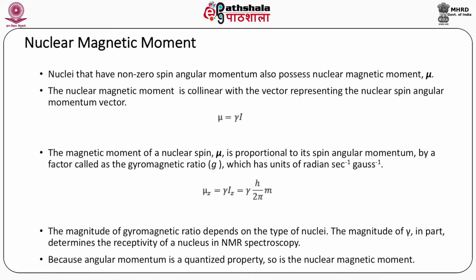Mu z is equal to gamma Iz, which is equal to gamma h cross m. The magnitude of the gyromagnetic ratio depends on the type of nuclei. The magnitude of gamma in part determines the receptivity of a nucleus in NMR spectroscopy. Because angular momentum is a quantized property, so is the nuclear magnetic moment.